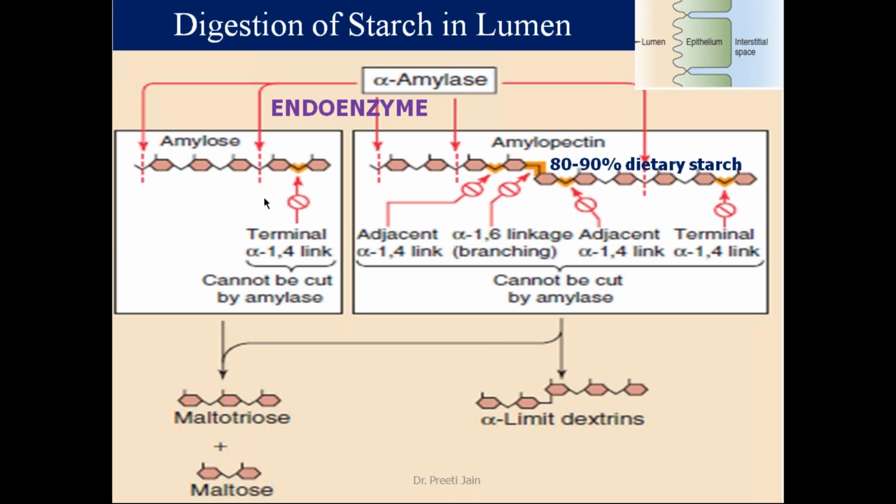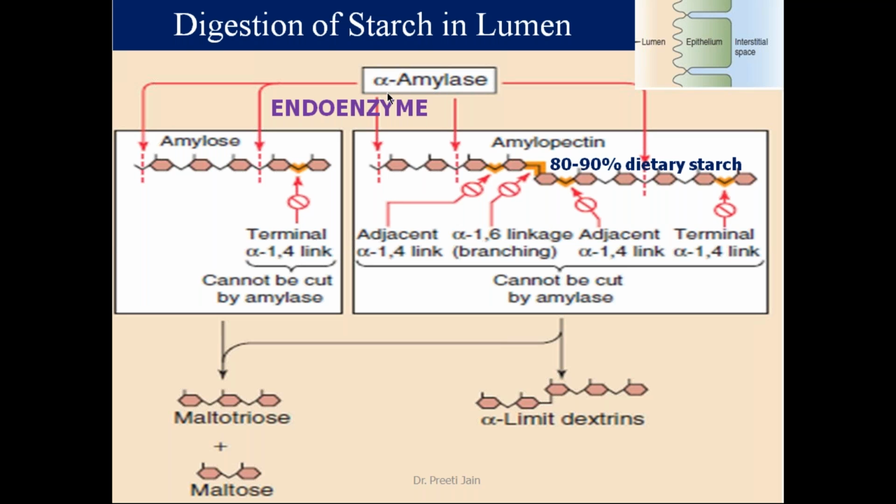So it will not act on the terminal parts of the starch. And in branched chain starches, it will not act on the terminal parts even if they are in straight chain, and it will also not act on the alpha 1,6 linkages which are the branching points, and it will also not act on the alpha 1,4 linkages which are adjoining the branching parts.